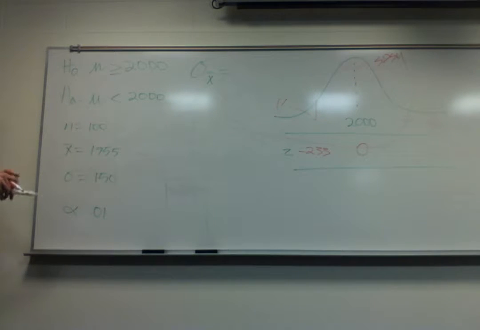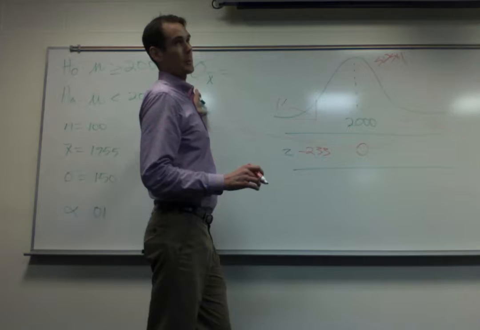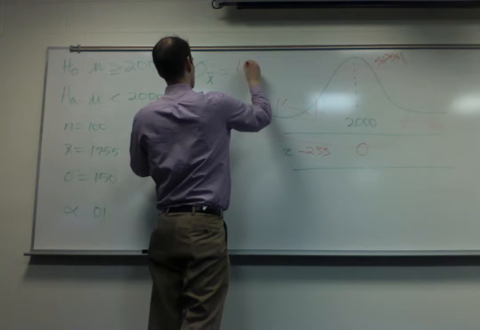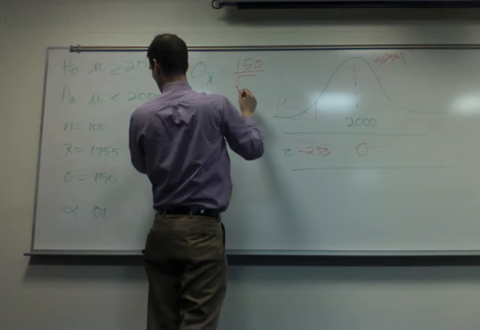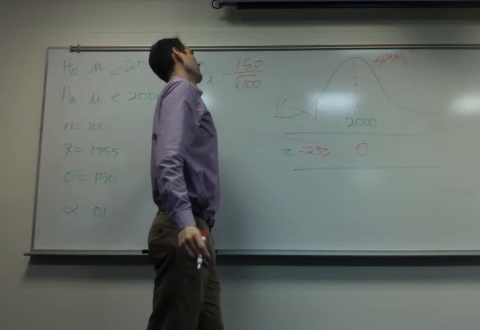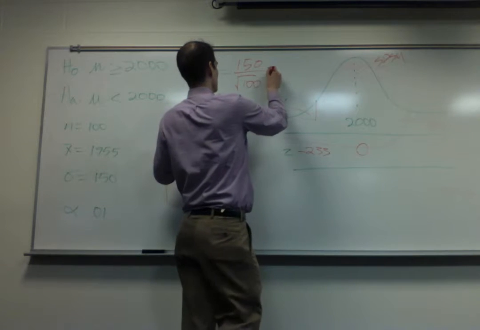All right, so let's find that test statistic. We have a sample mean of 1955. We know the population standard deviation of 150. The standard deviation of the sampling distribution of the sample mean is 150 divided by the square root of n, which is 100. So that's 150 divided by 10, which is 15.